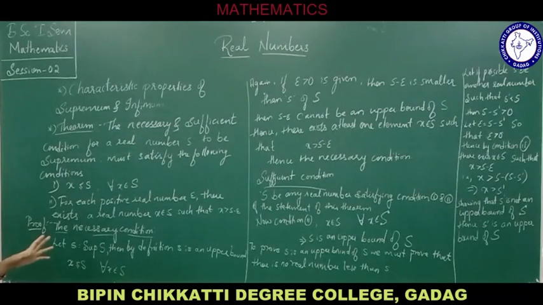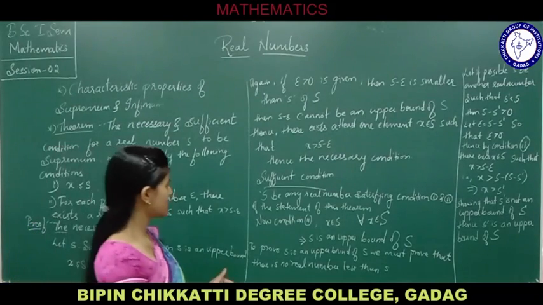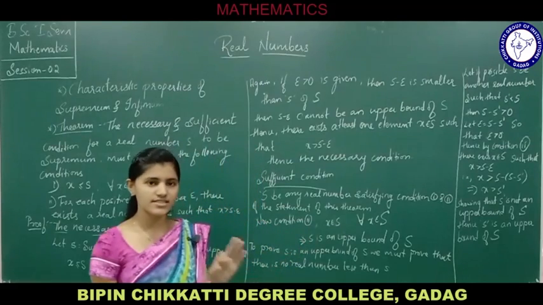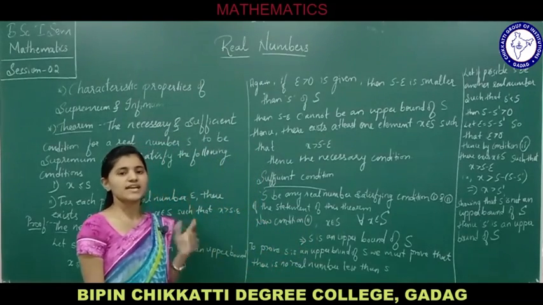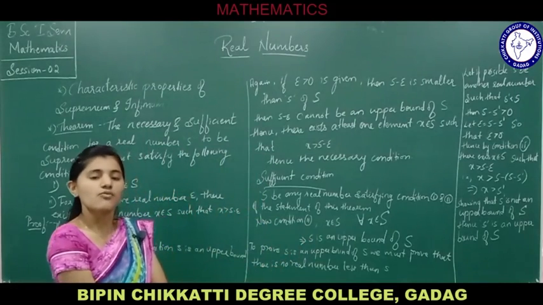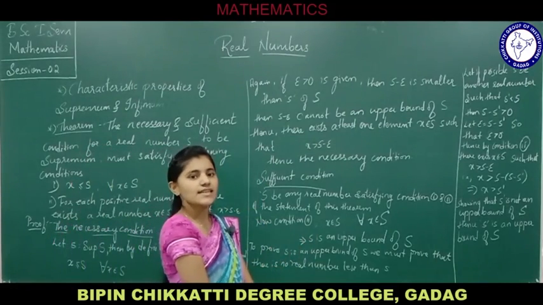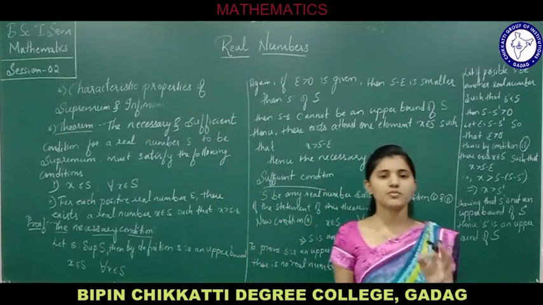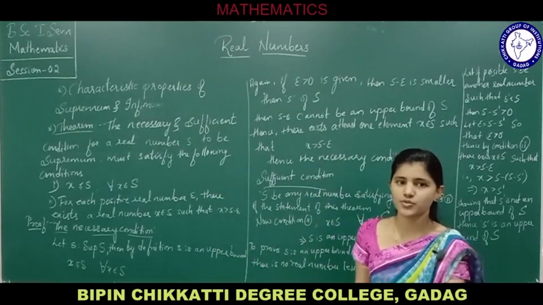This is going to be which condition? The condition is sufficient. We first proved the necessary condition and then the sufficient condition. What we have done is we considered any real number s, and that real number satisfies both condition 1 and condition 2.